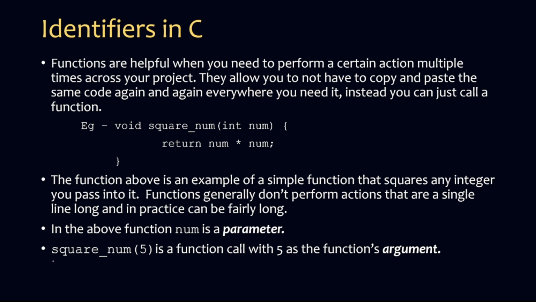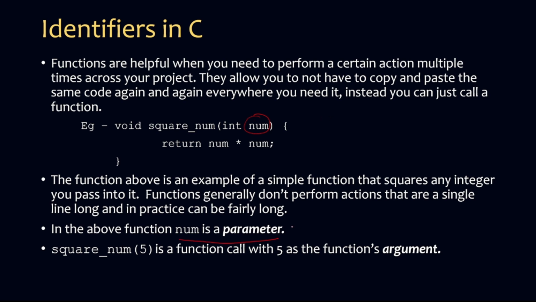So square num 5 is a function call. This square num 5 is a function call. Here we are passing 5 as an input into the function square num, right? 5 is the function's argument here. Square num is a function call with 5 as the function's argument. Num here is the parameter, right?